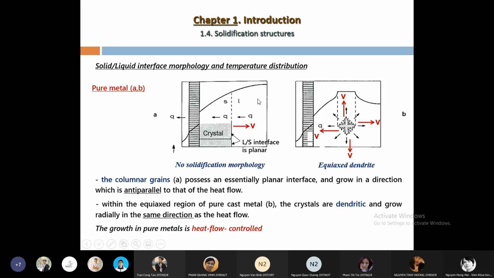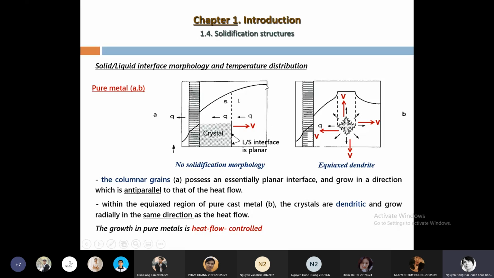So in this case, liquid has the highest temperature. In this case, solid crystal has the highest temperature, and temperature will decrease because liquid must be undercooled. So you can pay your attention to this. In this case, you have the positive temperature gradient.